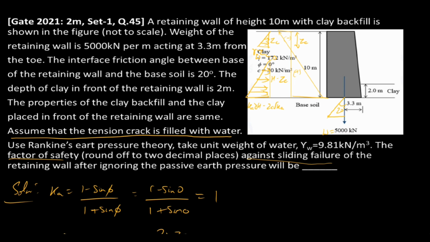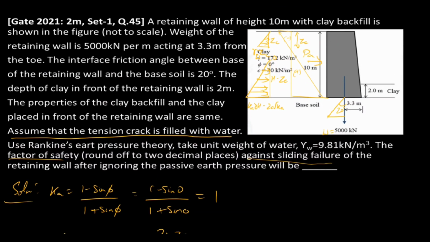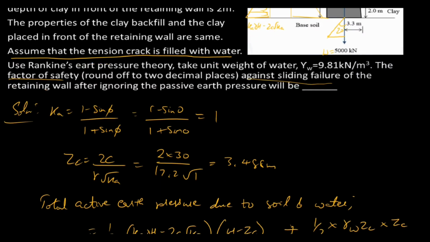So the active earth pressure acting on the retaining wall, Pa, is 424.347. And the frictional resistance of the wall will be acting in the opposite direction. If you see the diagram, we can find this value, that is the frictional resistance Fr.